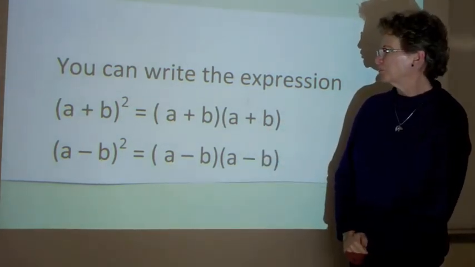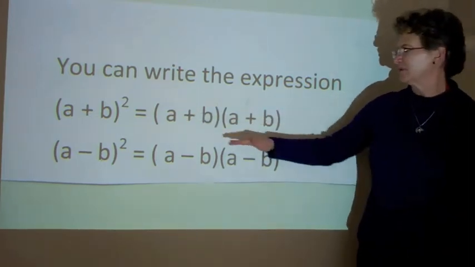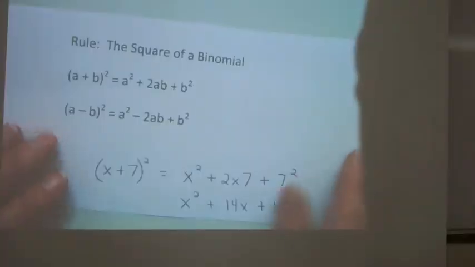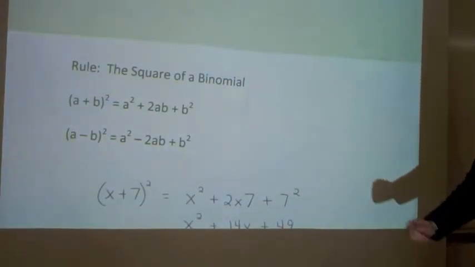So there is a rule for multiplying two binomials that are the same. That would be squaring the binomials. And here is the rule. I need you to pause the video and write down this rule.